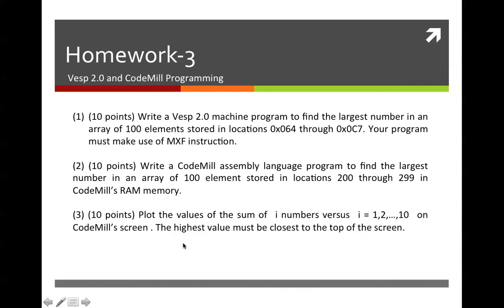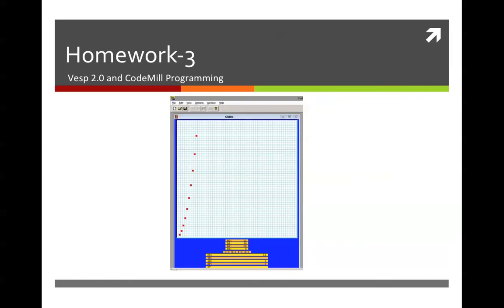And it says the highest value must be closest to the top of the screen. So what you have here is basically something like this is what I want you to do. This is the screen of CodeMill, and these are the numbers, the sum of I, where I runs from 1 to 10.